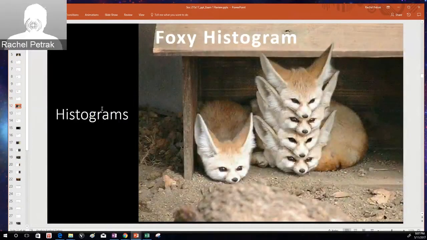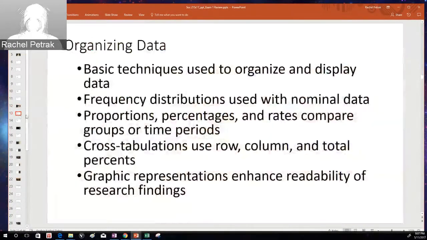Then we discussed histograms and organizing data, and some basic techniques used to organize and display data, the primary one being the histogram. And we also made trend graphs of the GSS data.